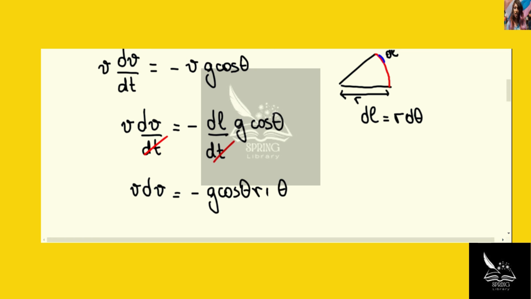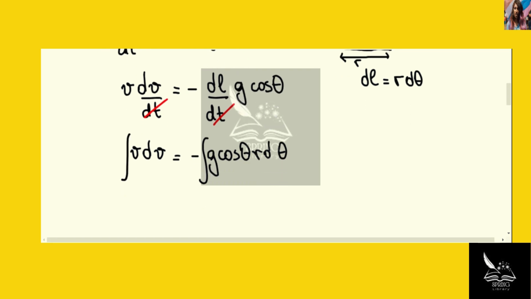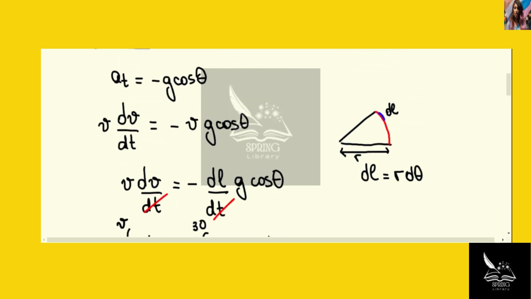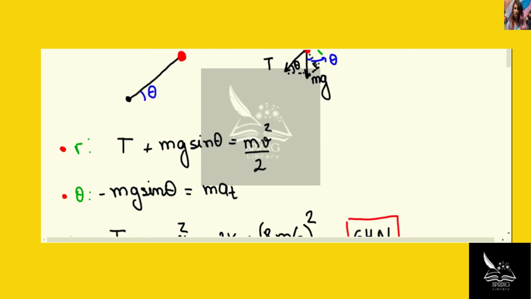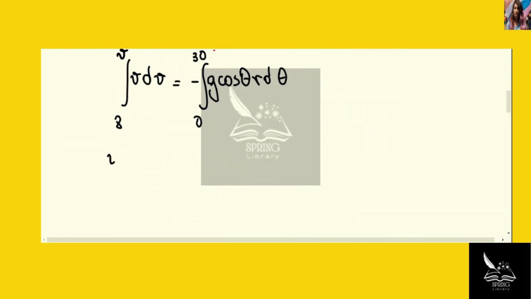Okay, and we can integrate this from theta equals 0 when the speed is 8 meters per second to theta equals 30 when the velocity is what we want to find. Notice that r is equal to 2 meters, so we can just substitute everything in the equation.